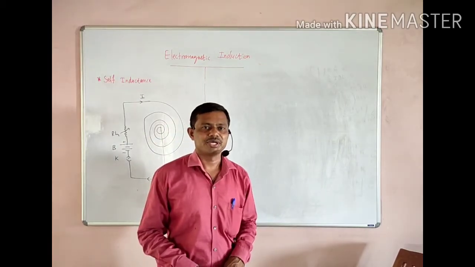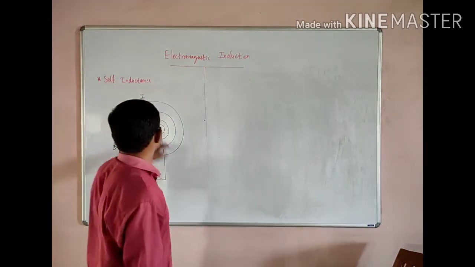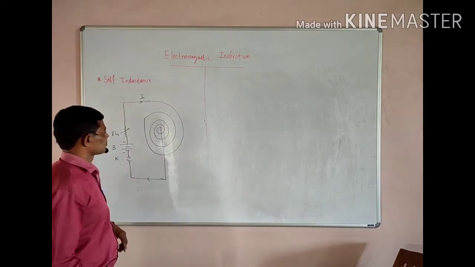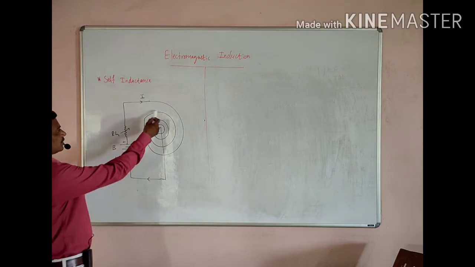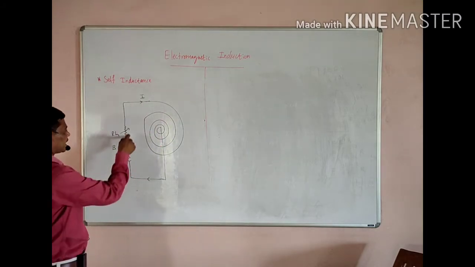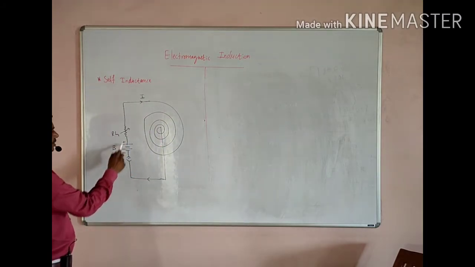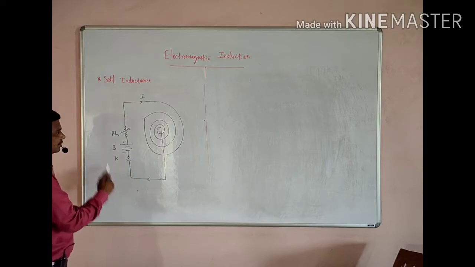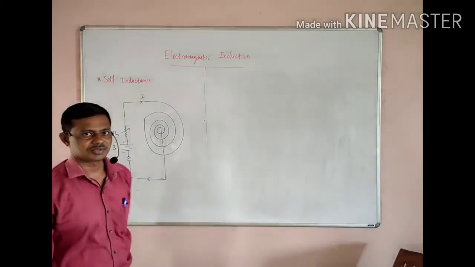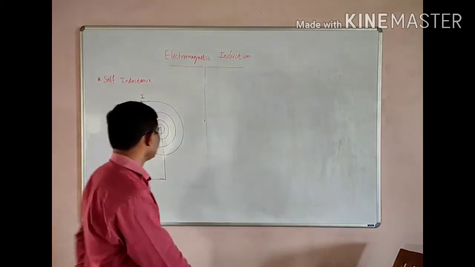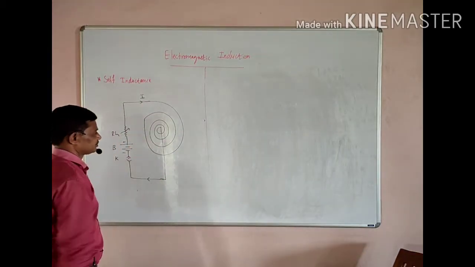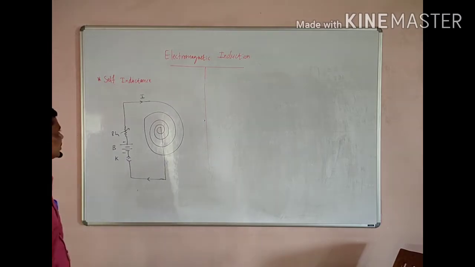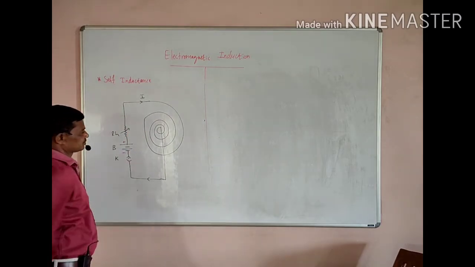Now we are going to discuss the concept of self-inductance. For this, we can consider a coil which is connected across a rheostat, battery and key, as shown in the figure. When this key is closed, current is set up inside this coil, in a closed circuit like this.